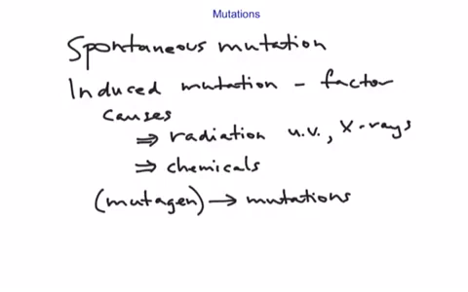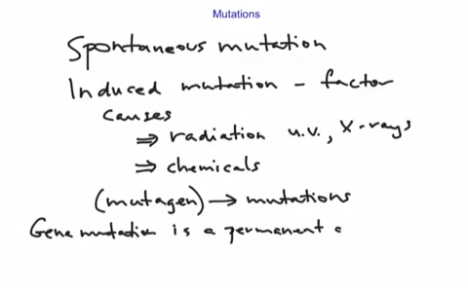Let's have a look at the two basic different kinds of mutations. So first of all, there's what's called a gene mutation. So gene mutation is a permanent change in the DNA sequence that makes up a gene.